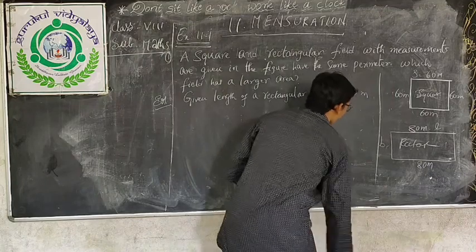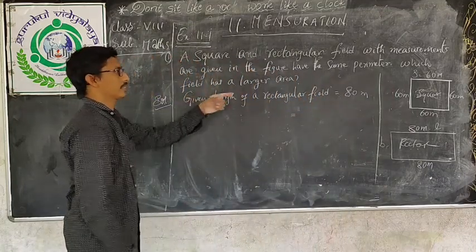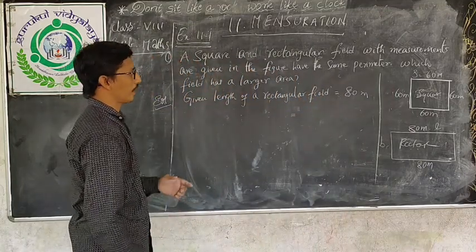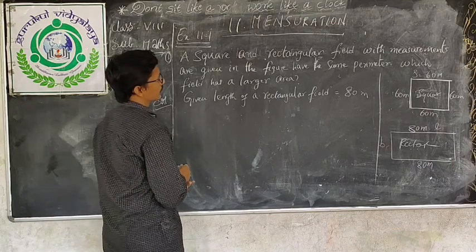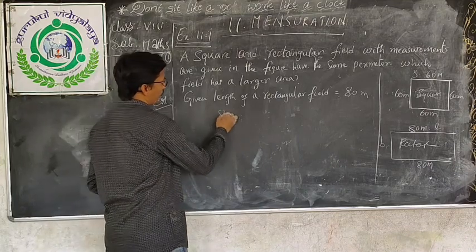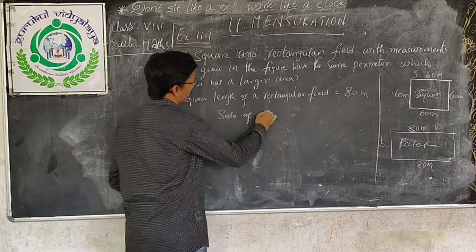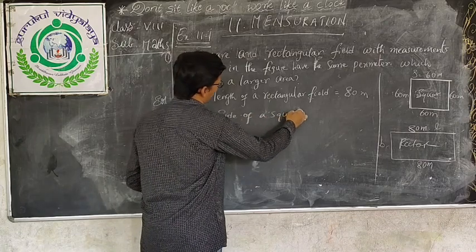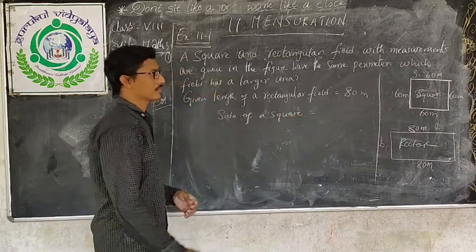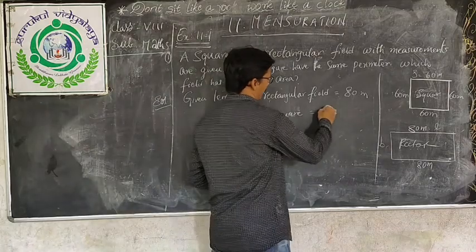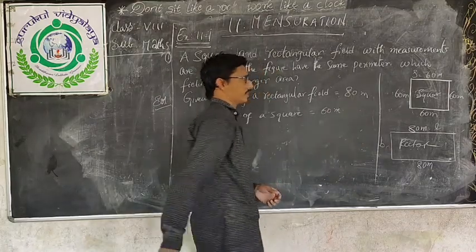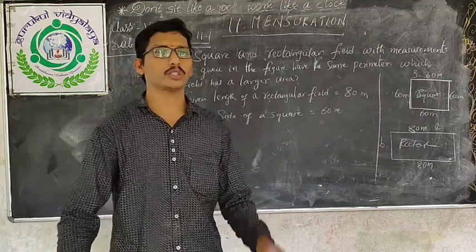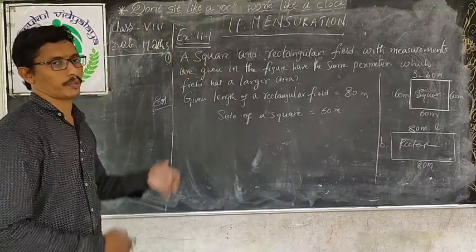Next, what is given? Square. Side of a square. What is the side of a square given? 60 meters is given. 60 meters. First we have to write those two points, what is given from the problem.